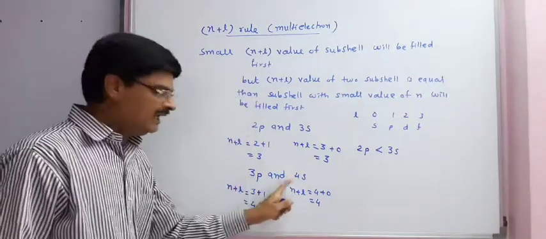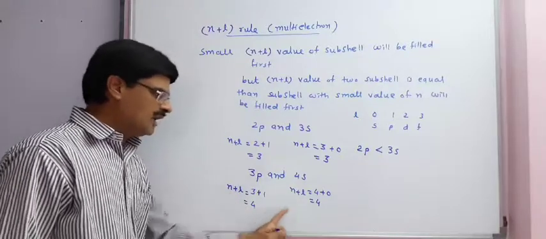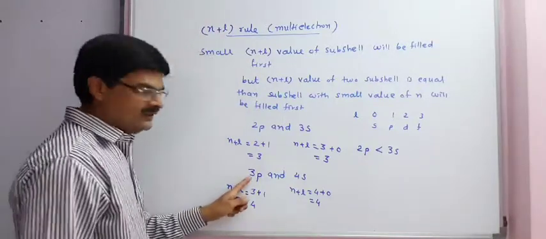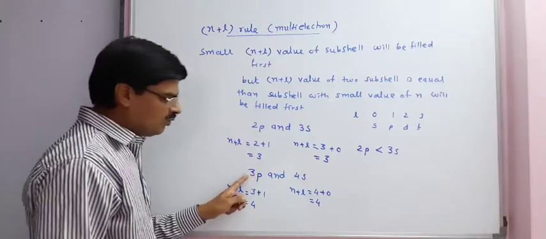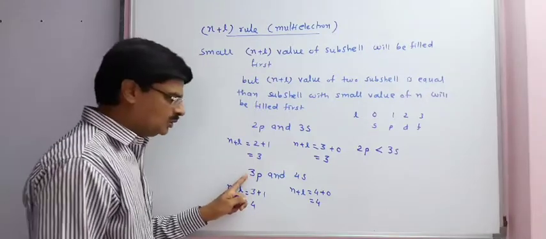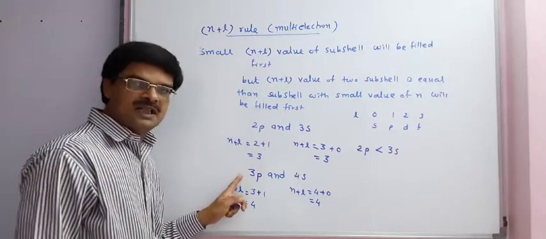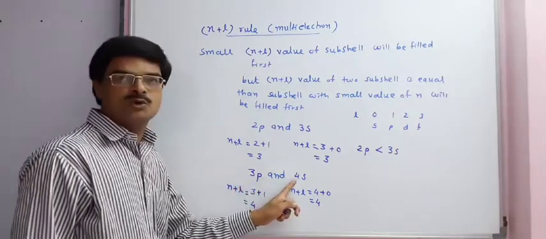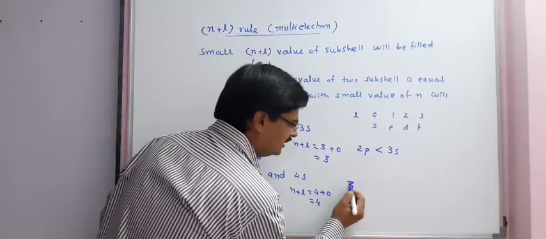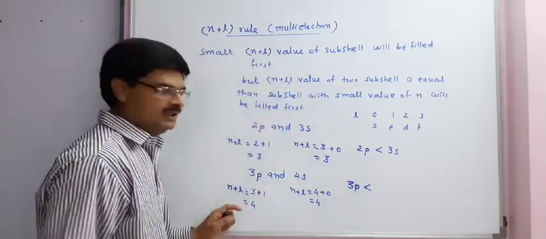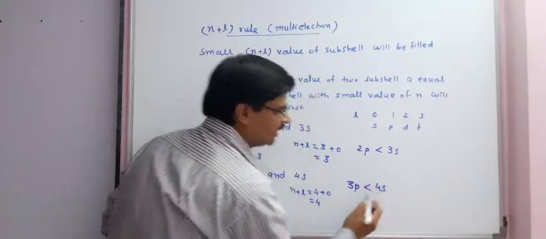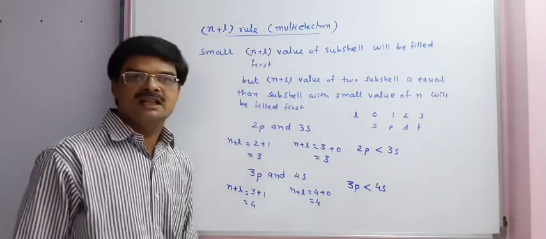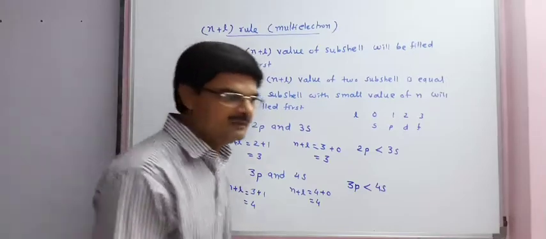So for 3p and 4s, n plus l values are coming out to be 4. But because in 3p, principal quantum number n is equal to 3, that is why electrons will be filled first in the 3p subshell and then go to the 4s subshell. It means we can write energy of 3p is smaller than 4s. By knowing all these rules, we can understand the electronic configuration of different elements.